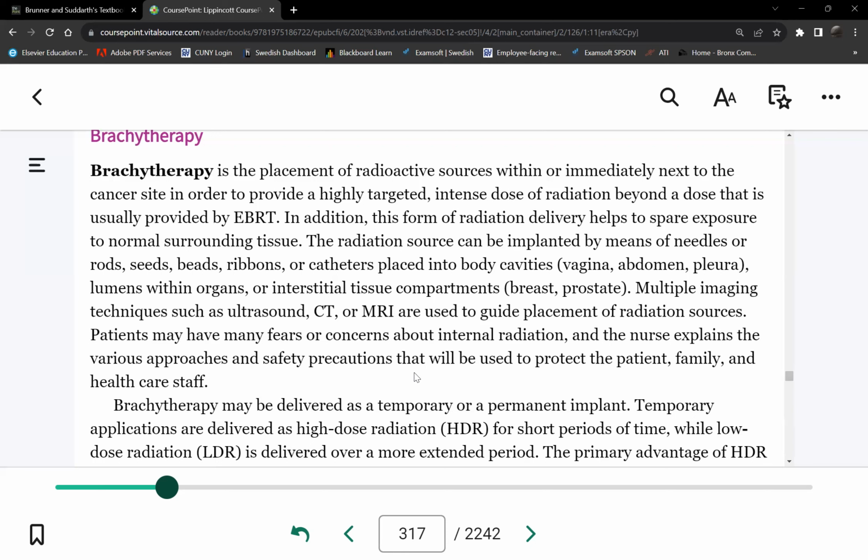But if you're not doing any direct care to the patient, try to stay far away. So the safe distance for sealed radiation is 3 feet. Okay, so time is 60 minutes, distance is 3 feet.